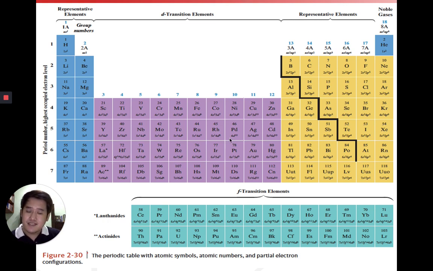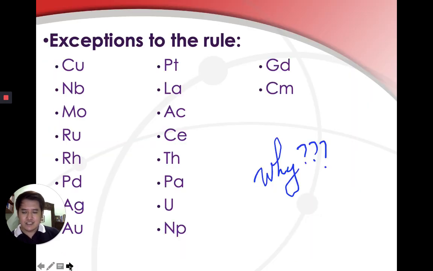Now you might have noticed that there are other elements that are, in a way, exceptions to the rule, to the Aufbau principle. Here is a list of those elements, which I've already written down beforehand before recording so that it will not lag. But anyway, the question is why? Why are they exempted?